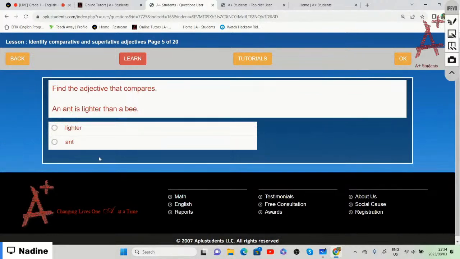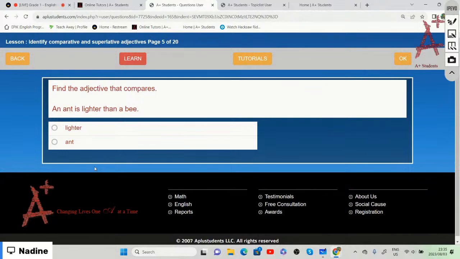And an ant is lighter than a bee. Is it lighter, the adjective that compares, or ant? All right, so if we choose the adjective that compares, right?